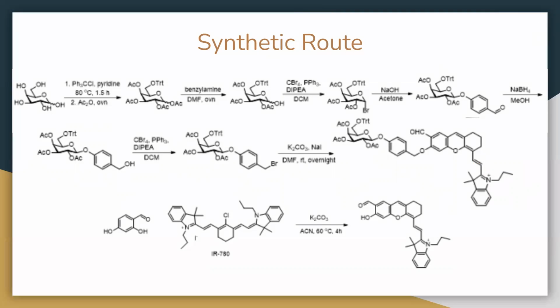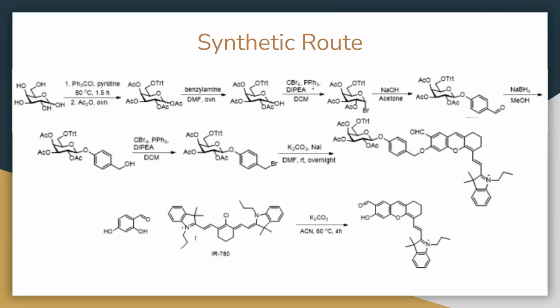The first step of the reaction adds protecting groups to carbon C1 through C4 as well as C6. C6 has a trityl group because this facilitates an easier attachment of the peptide side chain. After all the protecting groups are added, the acetyl group on the C1 carbon is converted to a hydroxyl group.